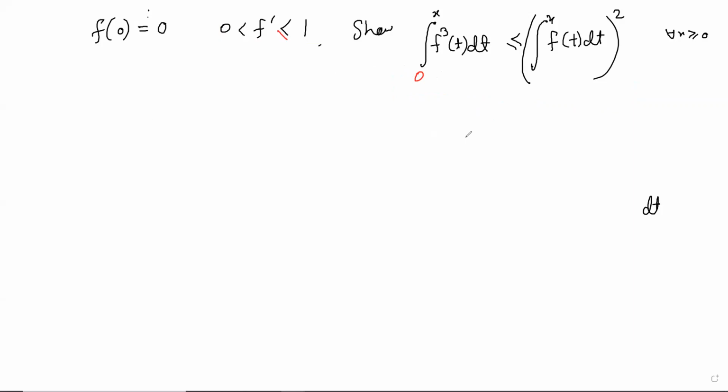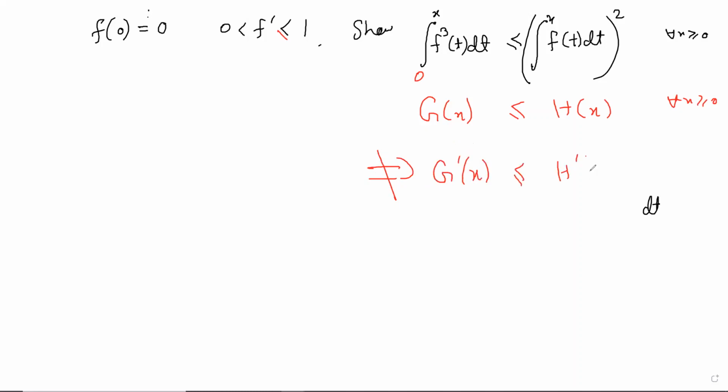Yes, but that is a problem, right? If you call this a function g(x), and if you call this a function h(x), and let's say that this holds for all x, then it does not imply that g'(x) should be less than h'(x) for all x.